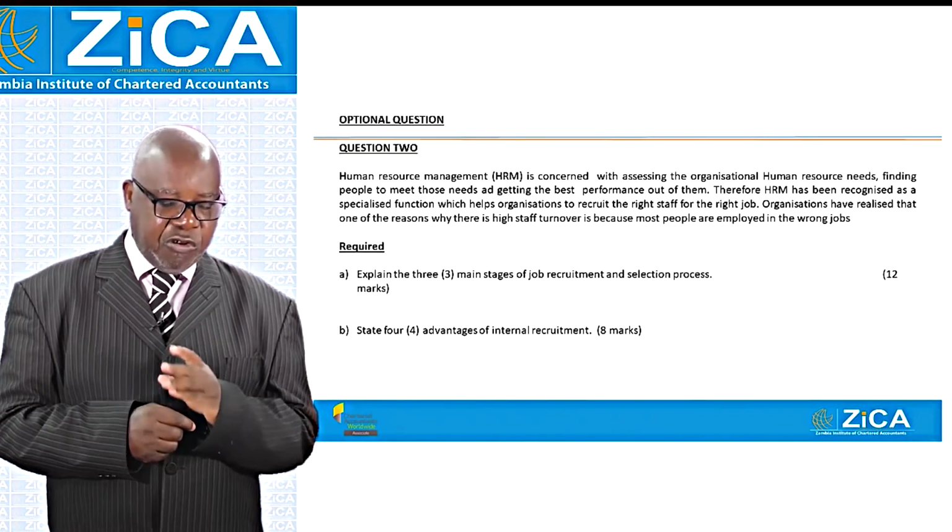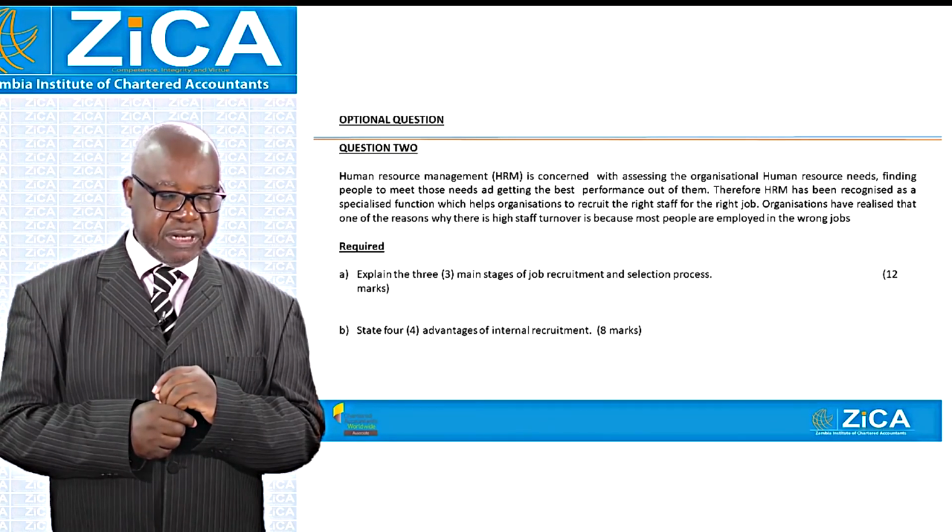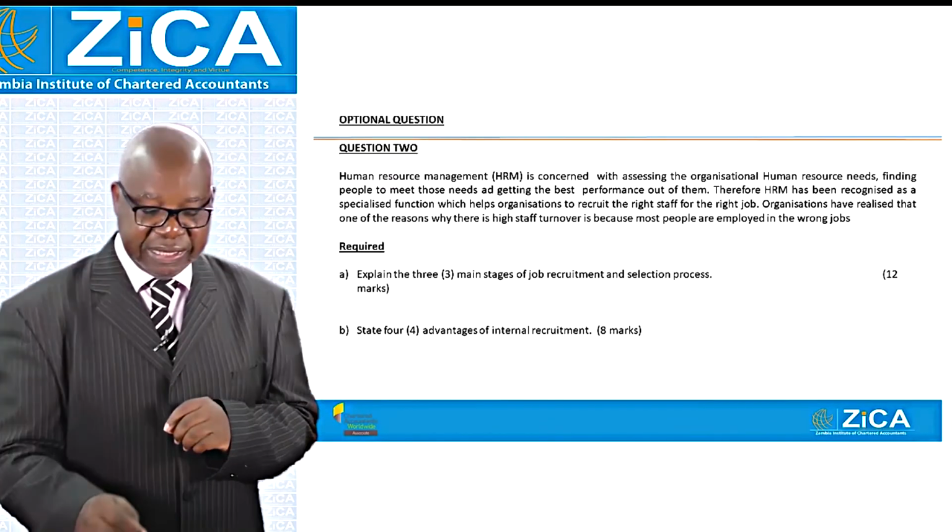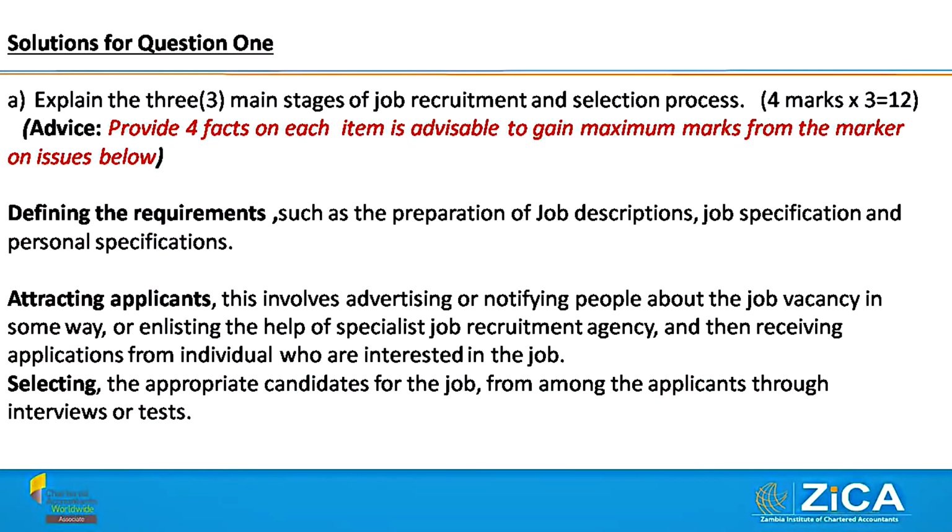B, state 4 advantages of internal recruitment, and that carries 8 marks. In providing a solution, this is what is required of you as a student. In the first question, we saw that it said, explain the 3 main stages of job recruitment and selection process.